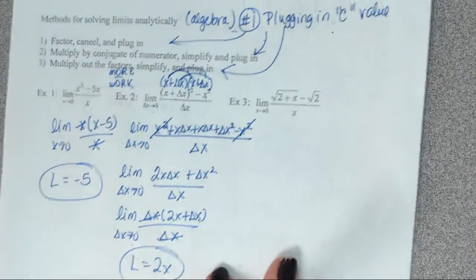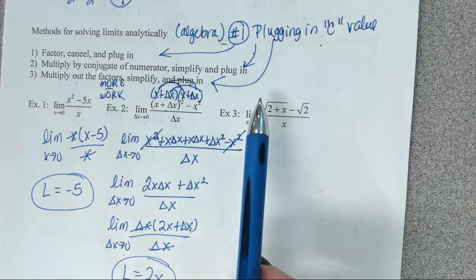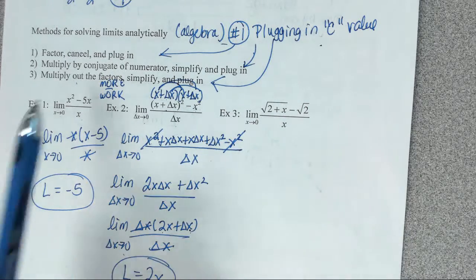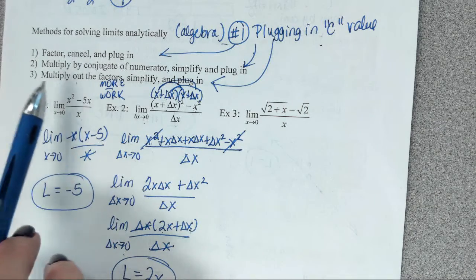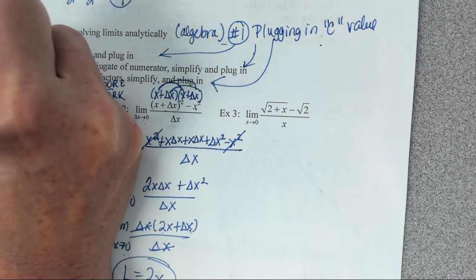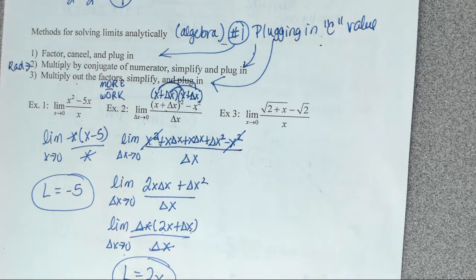All right, example 3. We try plugging in 0 for x. I get radical 2 minus radical 2. That's 0 over 0. Do more work. I can't factor. Multiply by the conjugate. This is what we're always going to use if we have radicals. So if we have radicals, we're always going to be thinking conjugate.